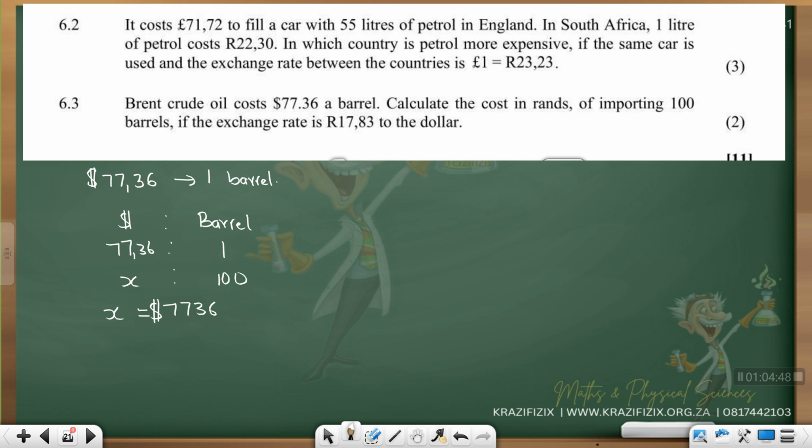But then I know that $1 is 17.83 rands. You see, I just like using this column. Makes it very easy. What do I have? I have $7736. I don't know the amount in rands. What do? Cross multiply again. 1 times X is X. 7736 times 17.83. Somebody help me with an answer.